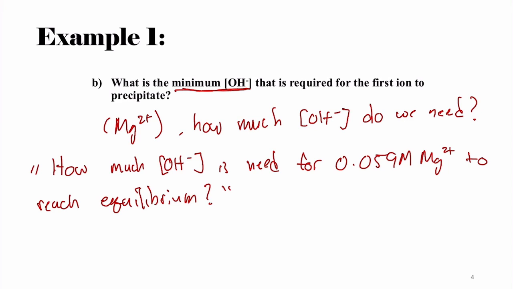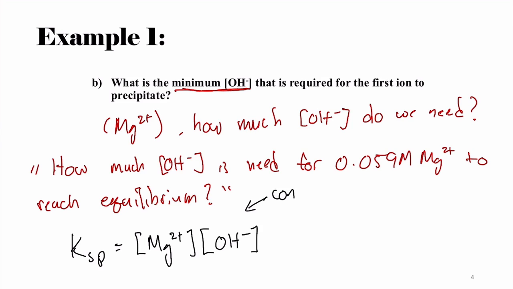So how would I set up an equation to solve for OH minus here? KSP equals concentration of magnesium times concentration of OH. This is our equilibrium condition, magnesium 2 plus, OH minus. This is only true at equilibrium, which is what the question is asking for. We're looking for this point right here.